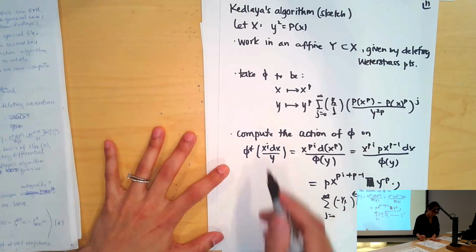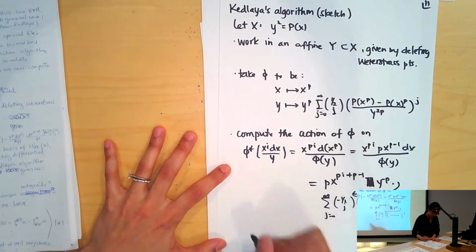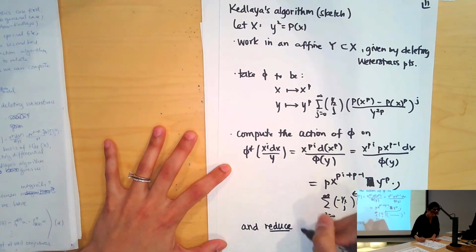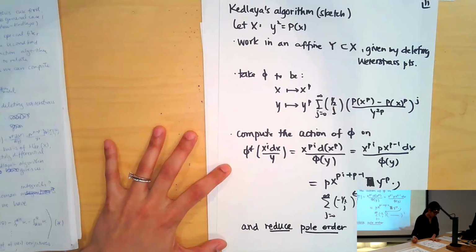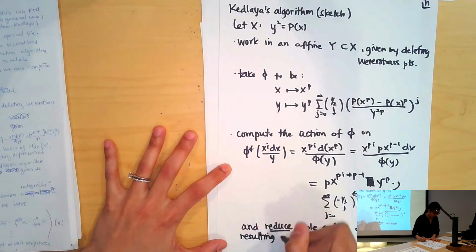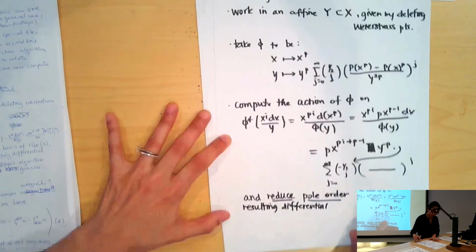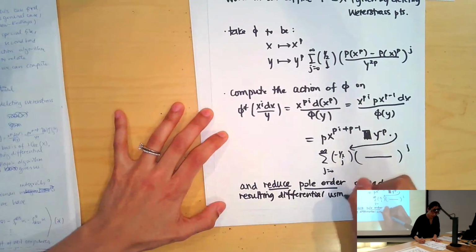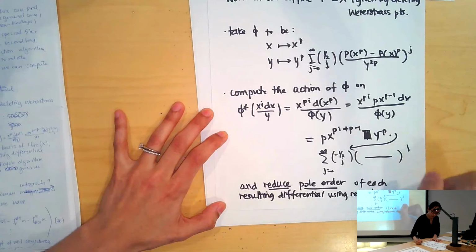All right, so we computed the action here, and then now we need to reduce the pole order of each resulting differential using relations in cohomology.